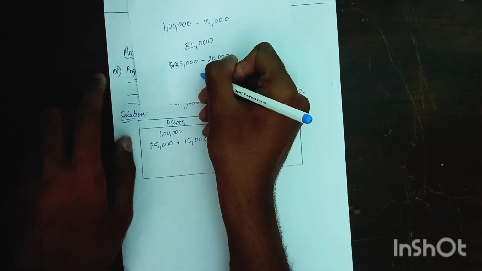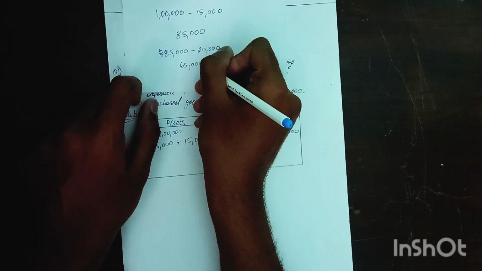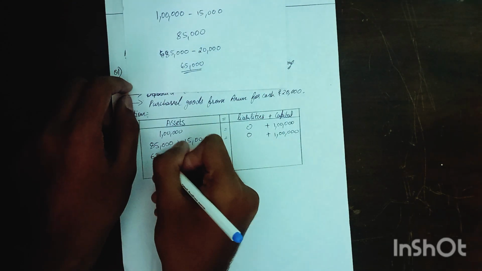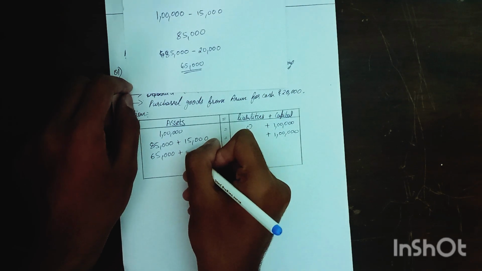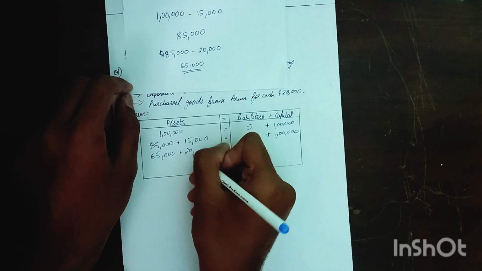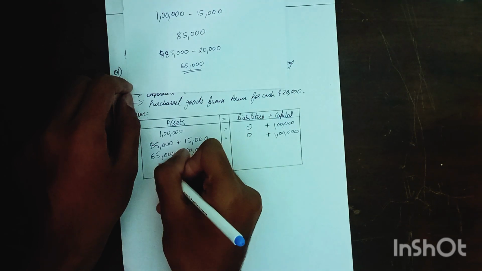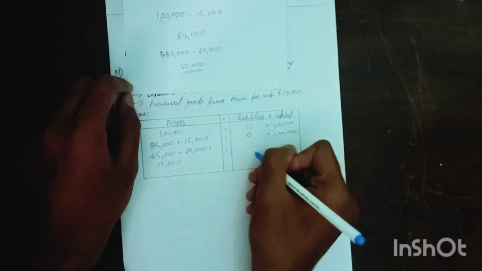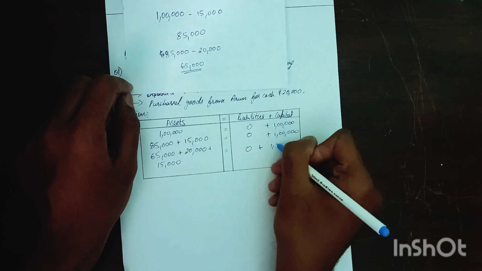What is it? 65,000. First we write 65,000 plus 20,000 plus 15,000 is equals to 0 plus 1 lakh.